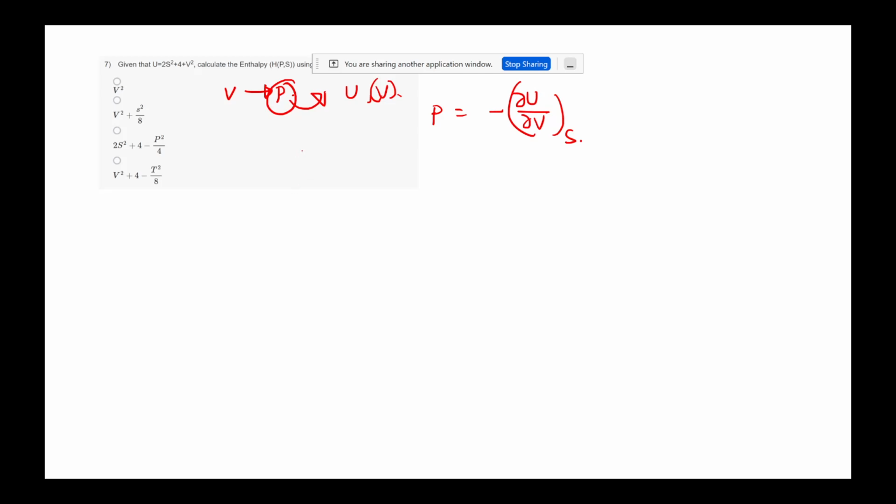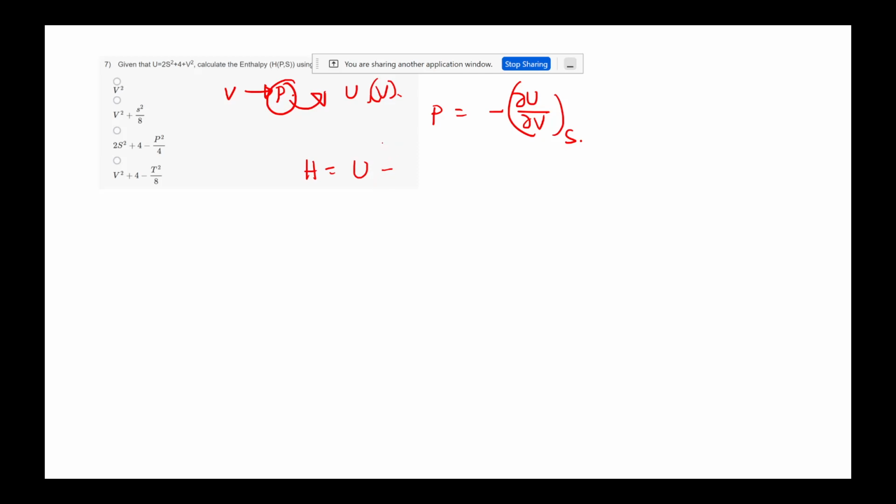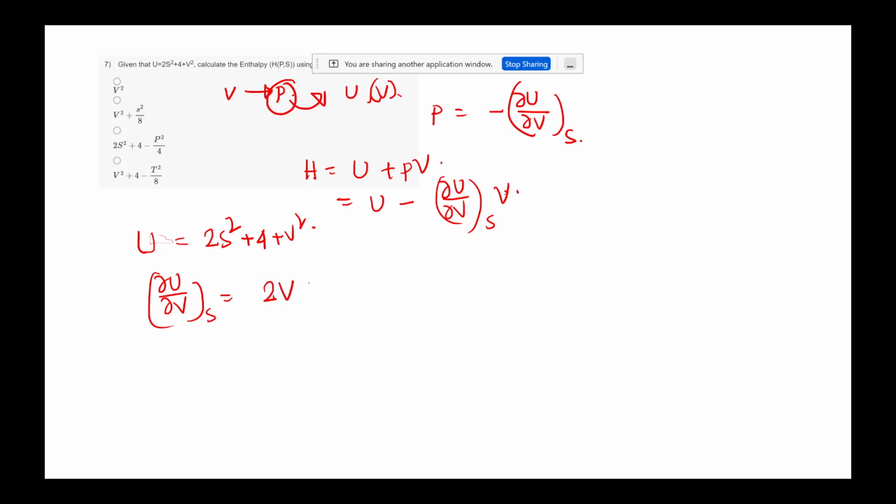Now if you write H, it is U plus PV, so we can write U minus del U del V at constant S times V. U is 2S square plus 4 plus V square, so del U del V at constant S is 2V, and that is minus P. So V is equal to minus P by 2.